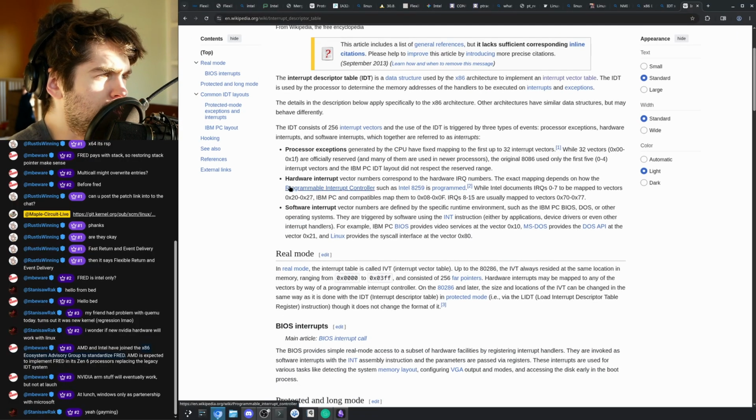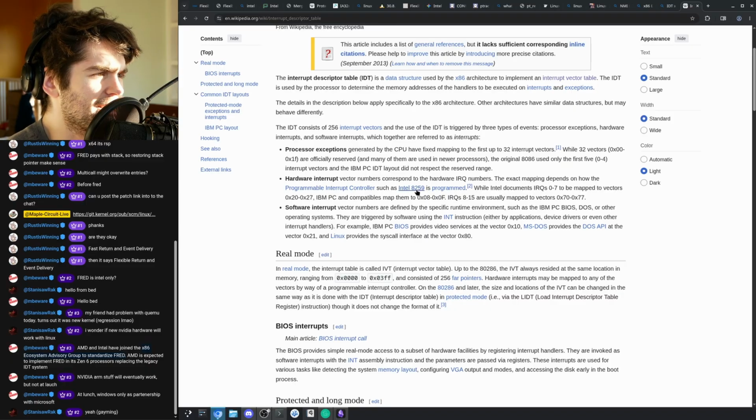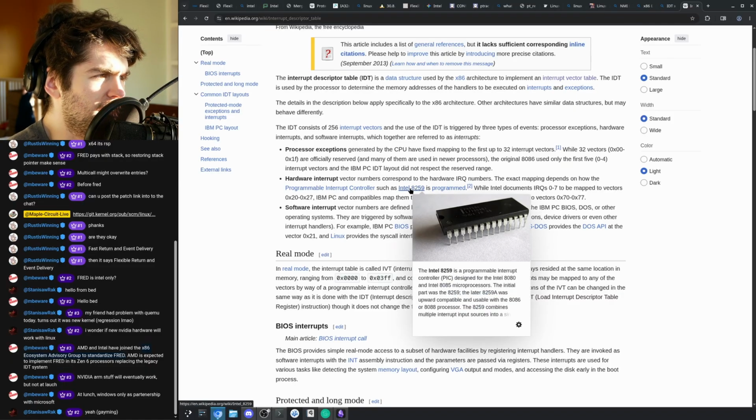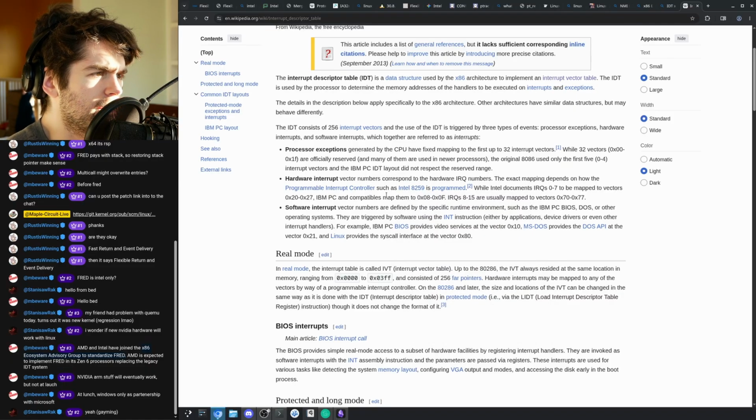Okay. Hardware interrupt. Vector numbers correspond to the hardware IRQ numbers. The exact mapping depends on how the programmable interrupt controller, such as Intel 8259, is programmed. Okay, so the motherboard.